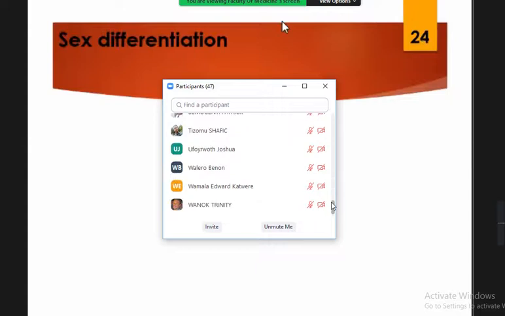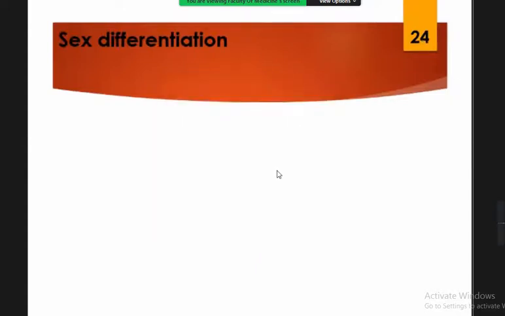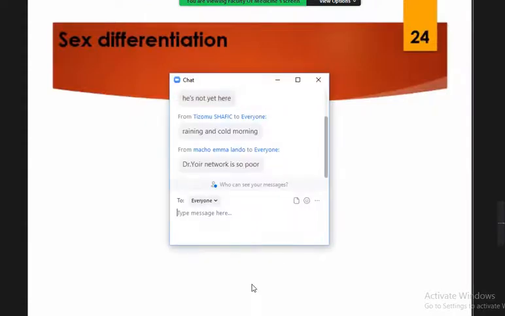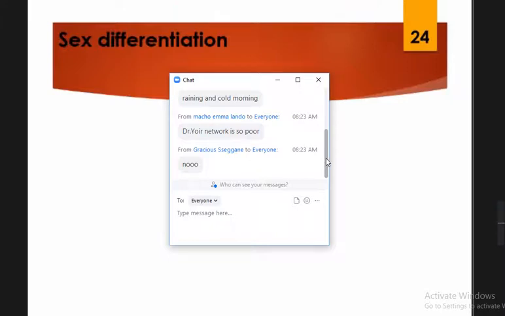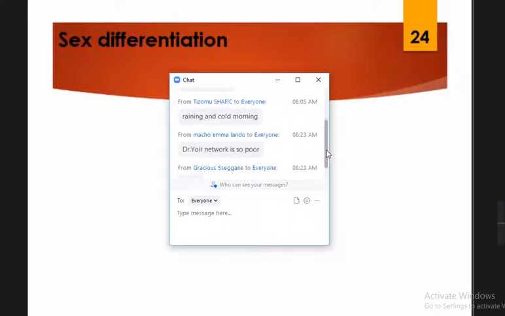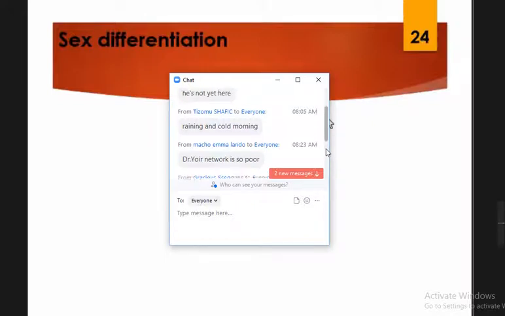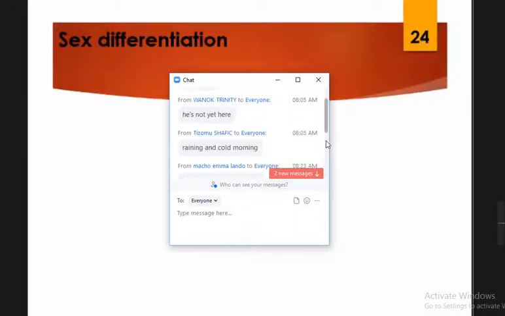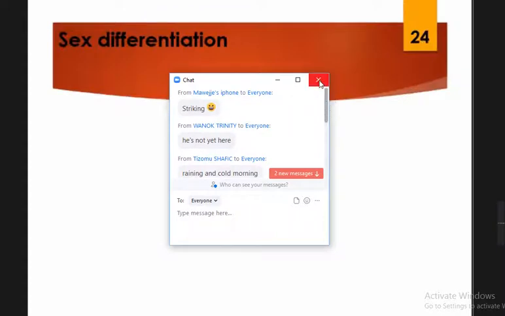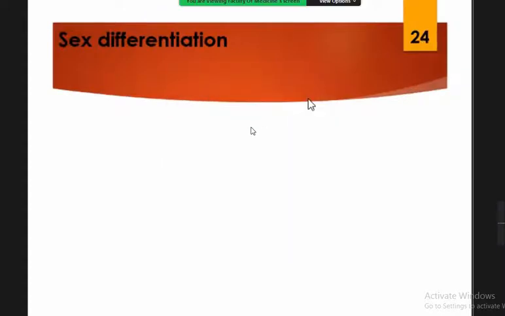Okay, someone is saying my network is poor. Is it for everyone? No, it's good. Yeah, so I think it's an individual problem, not a problem for everyone. Patricia, at what time is an individual's sex determined?